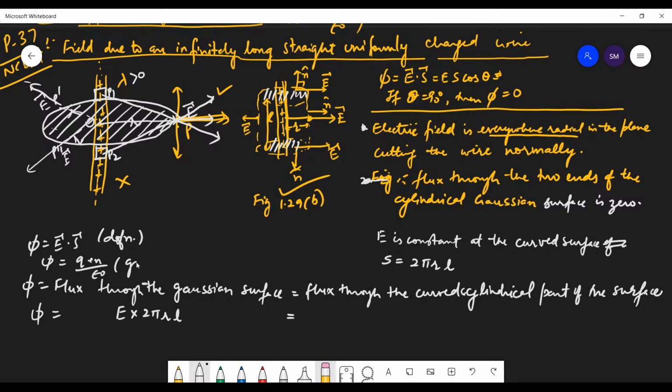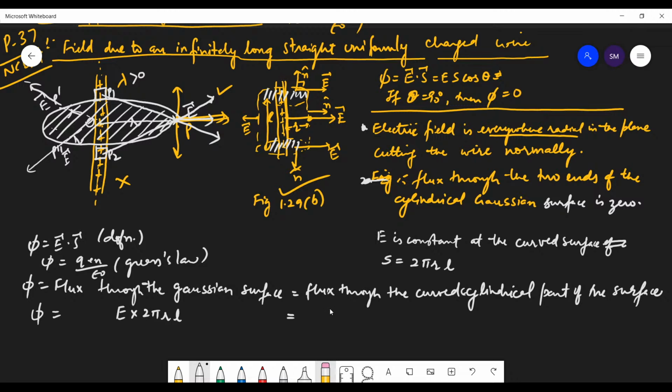So phi, the flux through the Gaussian surface and the flux through the curved part of the surface, will be written as Q.